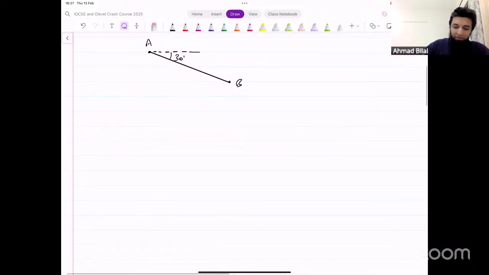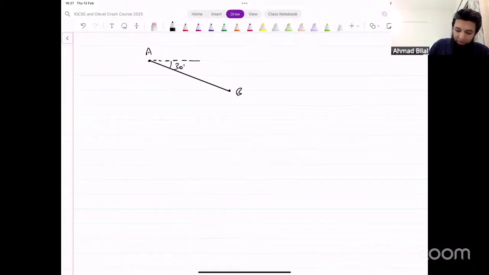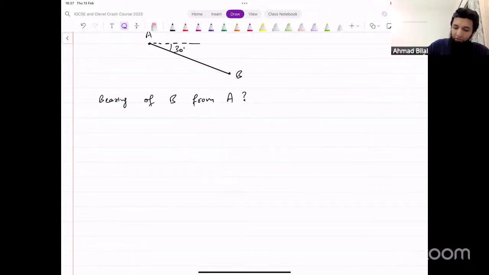Now, if I were to ask you, what's the bearing of B from A? Now, what does that mean? From A means that you are going to be measuring angle from the point A. A is the point of reference. So the point that comes after from is your point of reference. That is where you will be measuring your angle from.